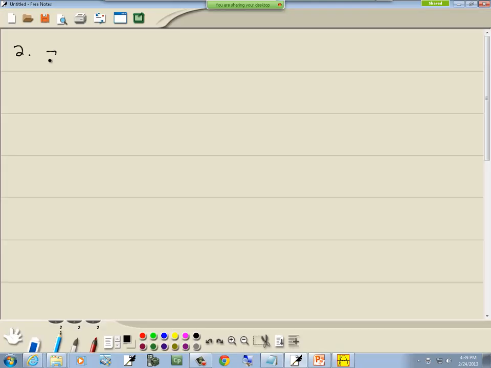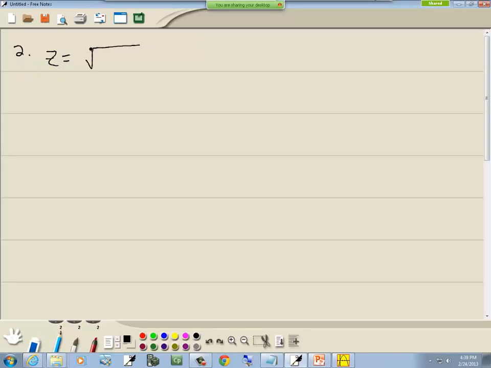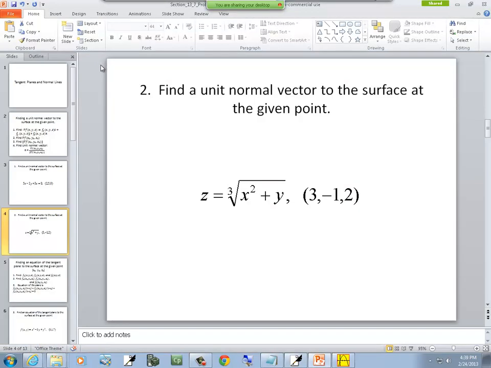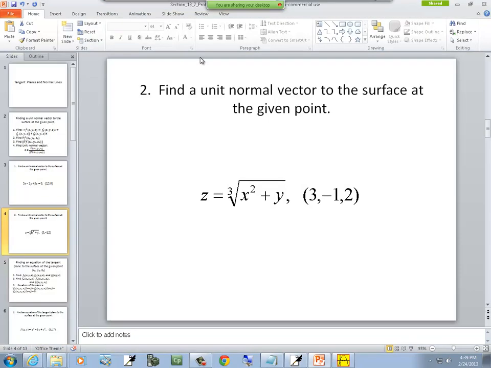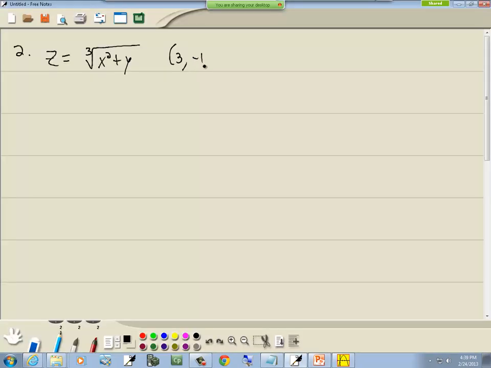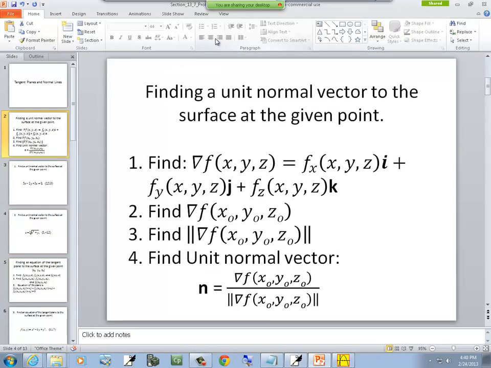Got z is equal to the cube root of x squared plus y at 3, -1, 2. Now, our steps say that we want to find the partial with respect to x, y, and z.